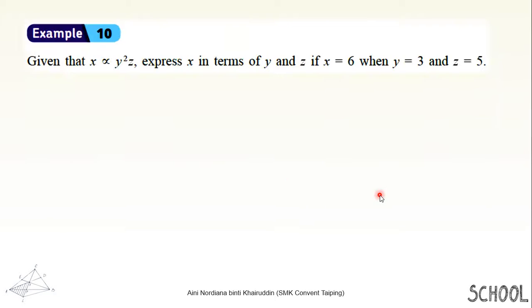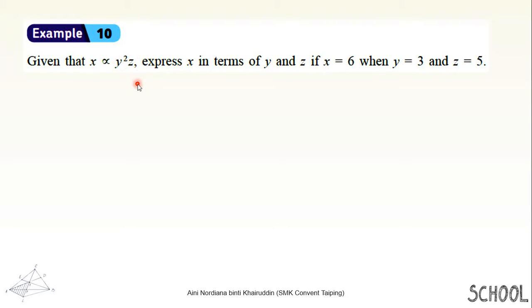Okay. Example 10. Given that x varies jointly as y squared and z, express x in terms of y and z if x equals 6 when y equals 3 and z equals 5. Actually, this is the same question as the previous video, but this time we have three variables.